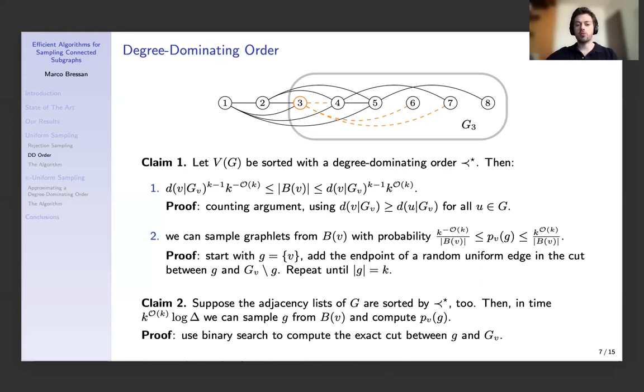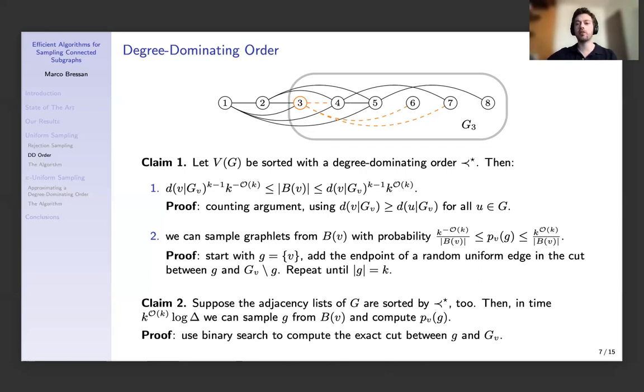So this shows that we can sample as described above in time proportional to the logarithm of delta. And also, given any graphlet G in the bucket of V, we can compute the probability that this sampling routine produces exactly G. We can do this essentially by emulating the sampling routine and summing up probabilities.